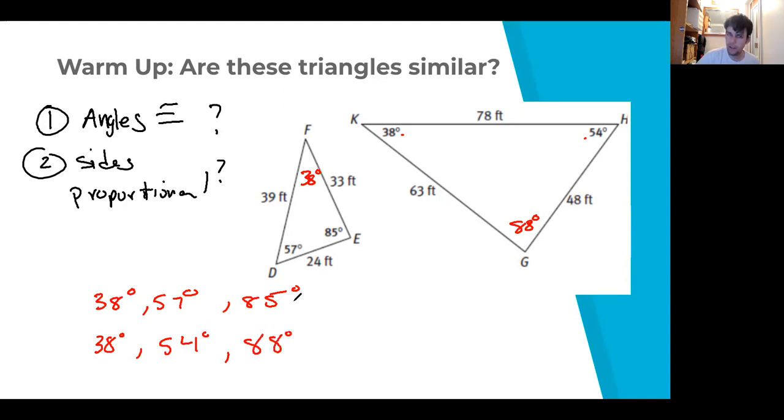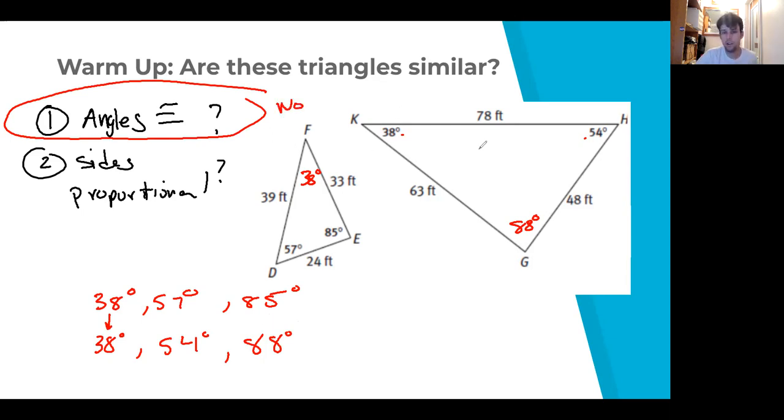So close, but not all of these angles are congruent, right? We have one congruent pair here. These are close, but the answer here would be no. Our angles are not congruent. So that's already enough. These are not similar triangles.